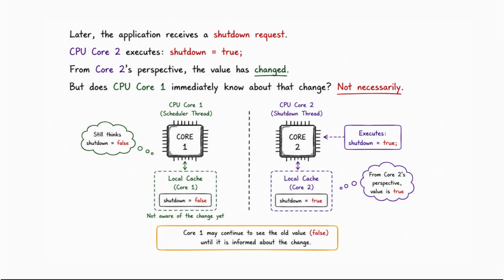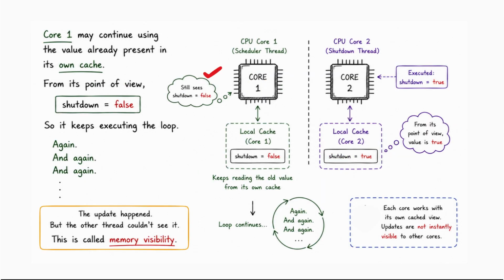Not necessarily. Core 1 may continue using the value already present in its own cache, right, which is shutdown equal to false. From its point of view, the value of the shutdown flag is false, so it keeps executing the loop again and again. The update happened, but the other thread could not see it. This is called memory visibility.